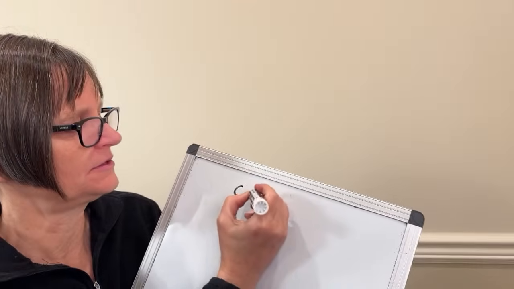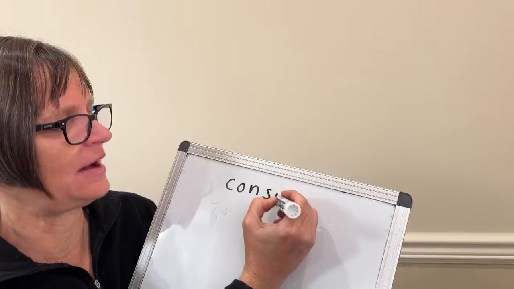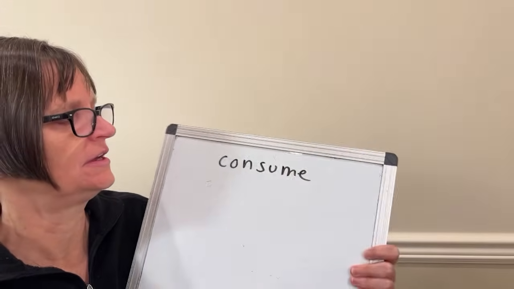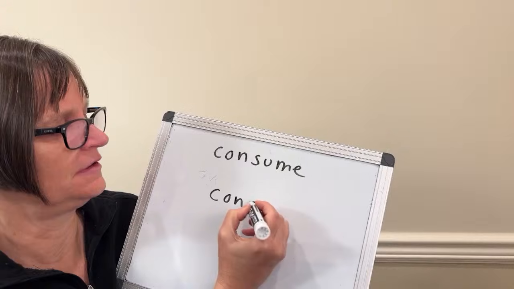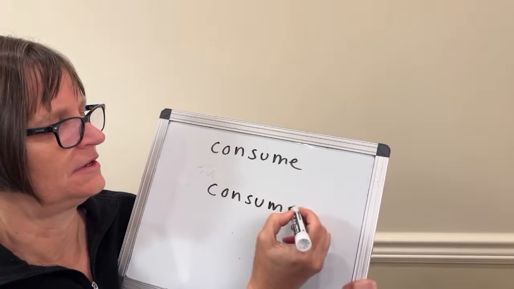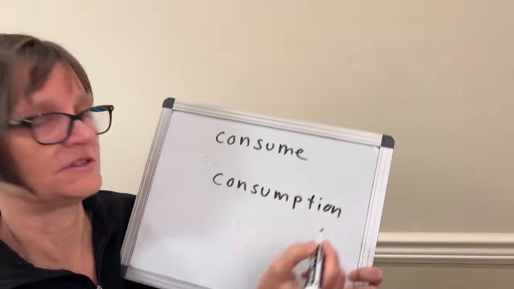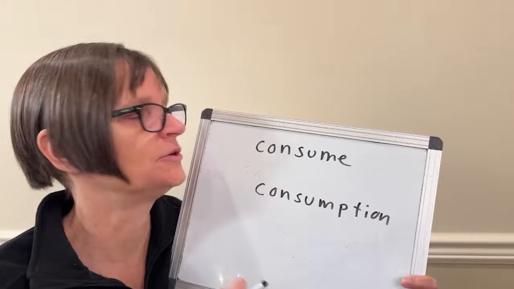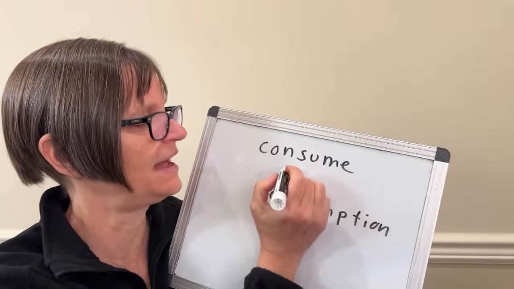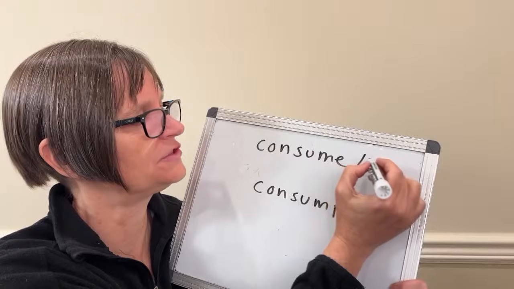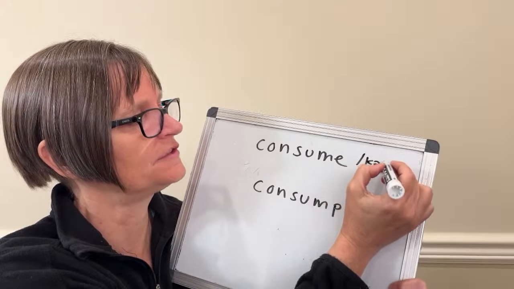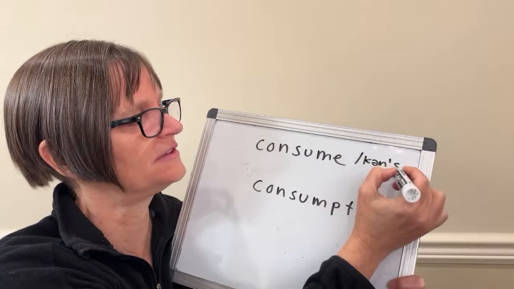Okay, we have a question about consume and consumption. So here's a place where the vowel sounds change, as we have two different versions of the word. This is a common phenomenon. So in consume, we have the unstressed schwa in the first syllable, and the stress is on the sum.